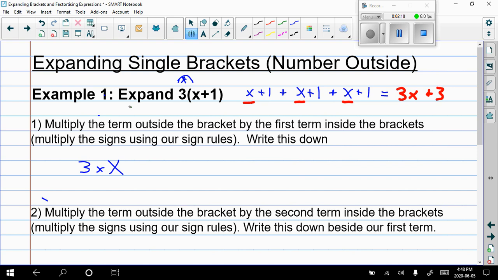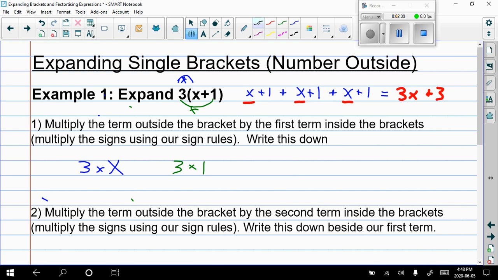I'm going to do step 2 over here. Multiply the term outside the bracket by the second term inside the bracket. So the second one, we're going to do that multiplication: 3 times 1.